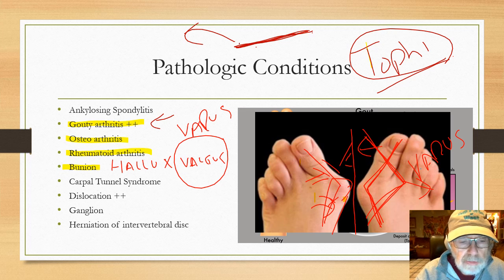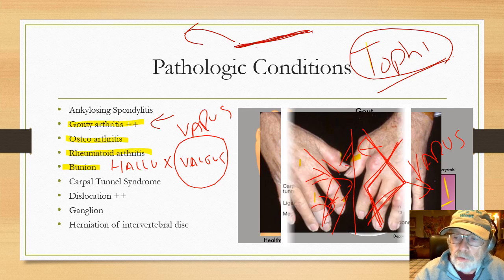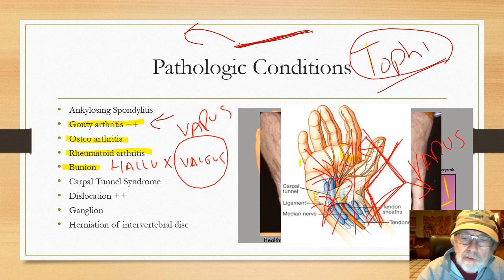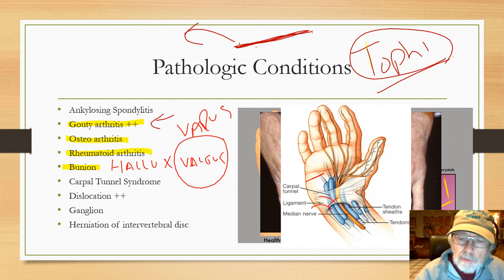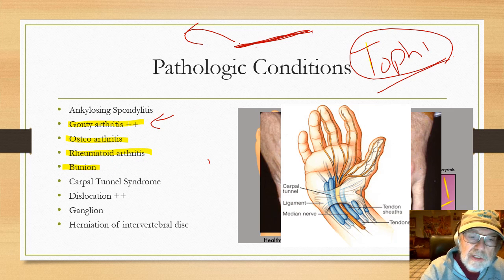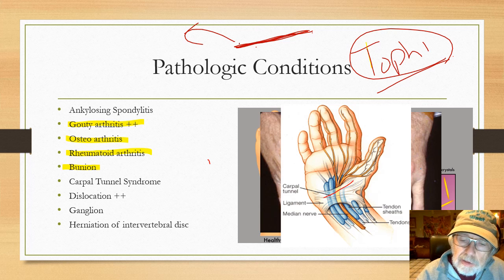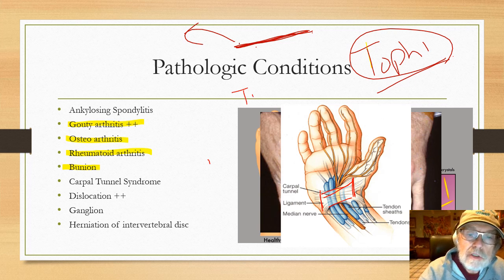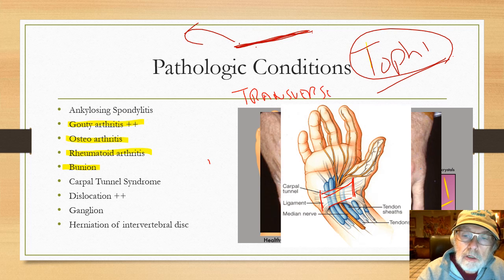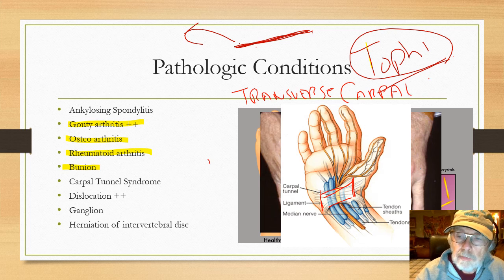But anyway, that's called a bunion. Carpal tunnel syndrome. What carpal tunnel syndrome is, basically, if we look at the wrist, the wrist has this ligament that attaches from the carpal bones here to the carpal bones here, and that's called the transverse carpal ligament.